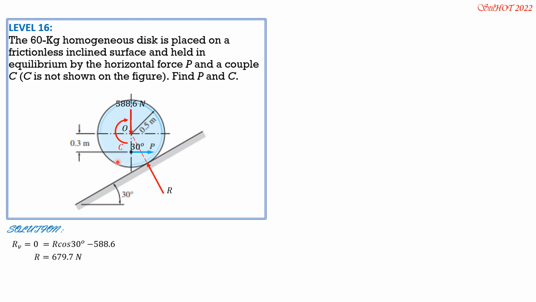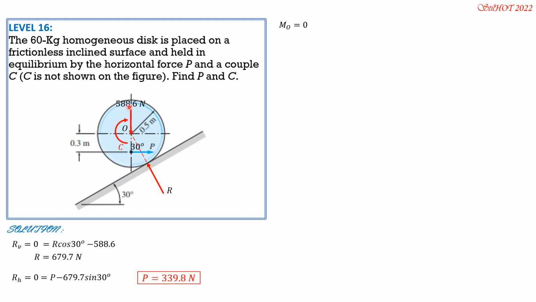The horizontal component of the resultant must be 0 because the system is in equilibrium. And that is equal to P, positive rightward, minus the horizontal component of R, which is R sine of 30. So minus 679.7 sine of 30 degrees. So we can now solve for P. P is 339.8 newtons.